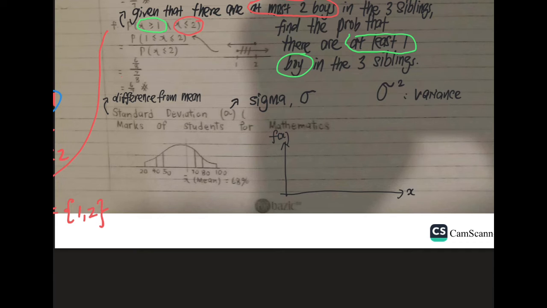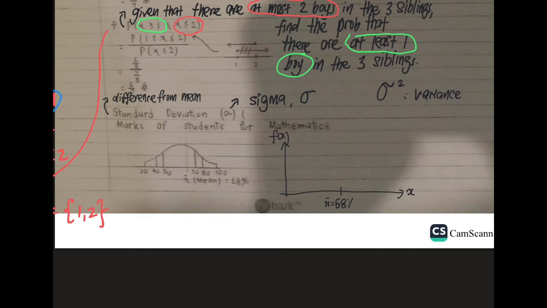So let's say the mean is 68, so 68%, which is about the marks of students for mathematics. So on average, the students in the class score 68%. So that is the average or the mean. So mean 68%.